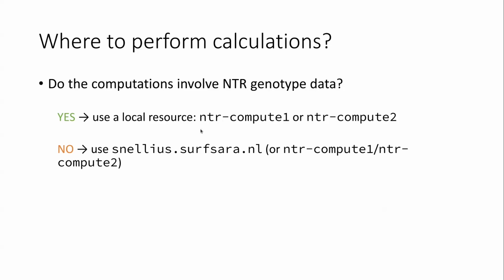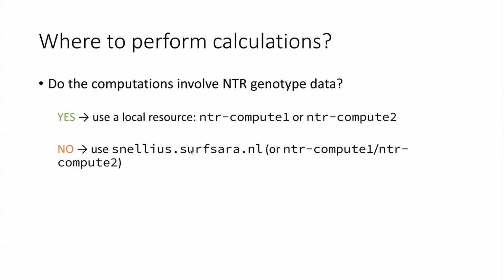And there are also often, for instance, the Amazon services or Microsoft Azure services that you can use to get compute power. And in the Netherlands, we have our own supercomputer called Stellius, where you can also perform calculations. But on those compute environments, you cannot really store the very sensitive genotype data. So you can handle, for instance, the base data on such machines.